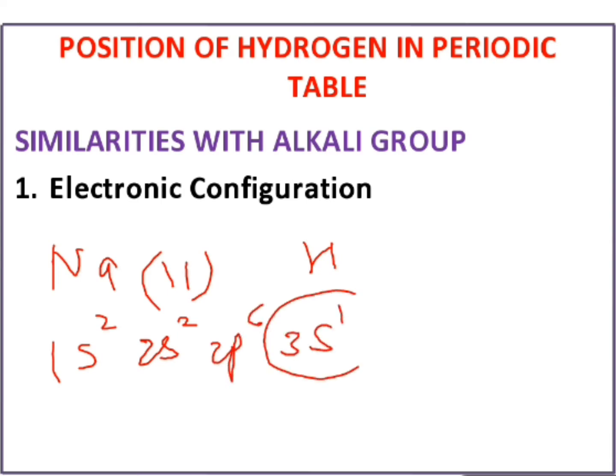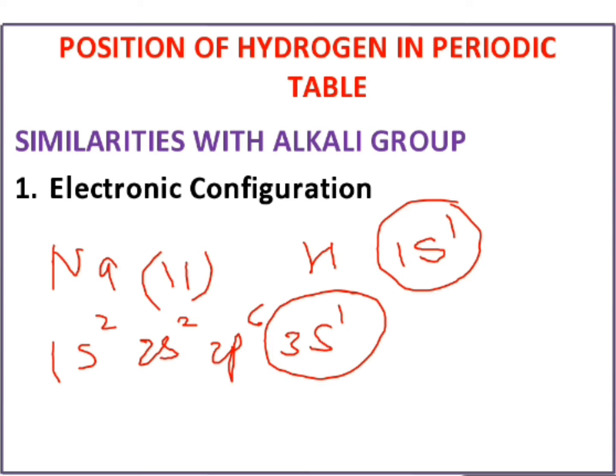So in the last orbit there is only one electron. Hydrogen has configuration 1s1, so it also has one electron. In electronic configuration, hydrogen and first group elements have only one electron in their outermost orbit. So this is the similarity.